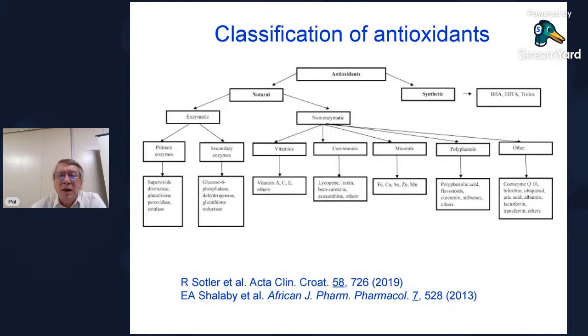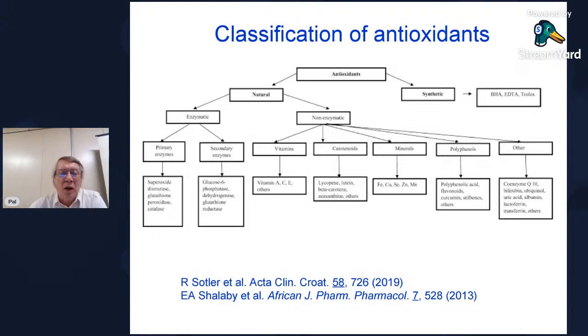The synthetic antioxidants, like butylated hydroxytoluene, EDTA, or Trolox, are frequently used as antioxidants in foods and in pharmaceutical preparations, typically phenolic compounds or complex forming compounds, or a mix of them.